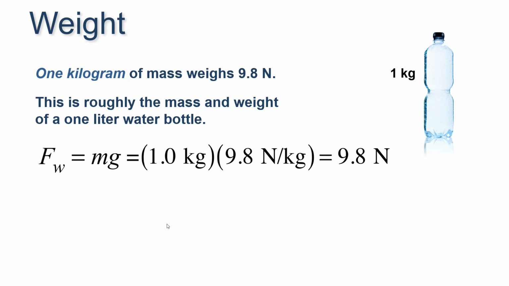Again, the weight of an object is equal to the mass times g. In this particular case, the mass was 1 kilogram. G is always going to be 9.8 meters per second squared. Always. And so when you do the math, you get 1 times 9.8, which is just 9.8 newtons.